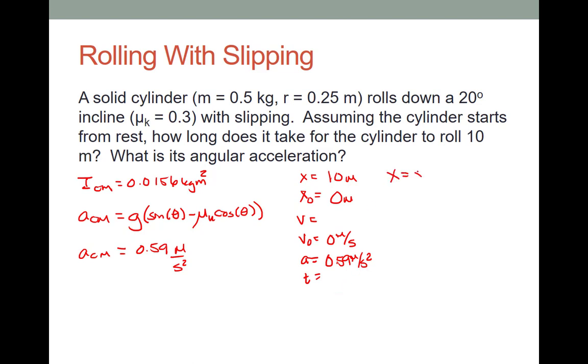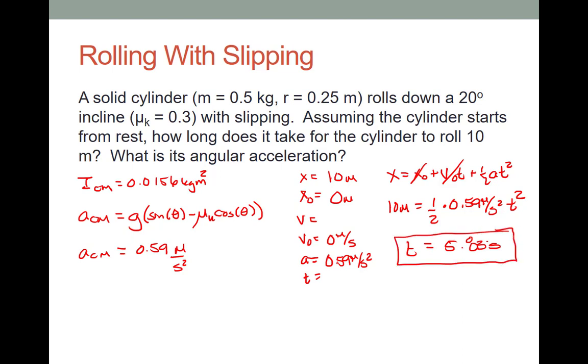So x equals x naught plus v naught t plus 1/2 acceleration times time squared. Initial position and initial velocity are 0, therefore I can get rid of those terms. 10 equals 1/2 times 0.59 meters per second squared times time squared. And that works out to t equals 5.83 seconds.